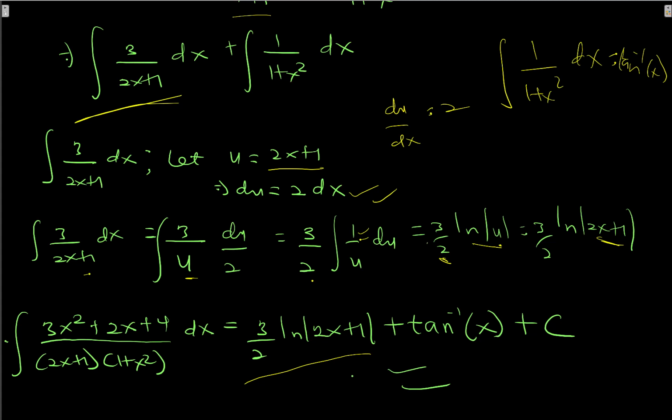You can verify this by differentiating arctan of x with respect to x, and you will get 1 over 1 plus x squared. So you obtain arctan of x plus an arbitrary constant.